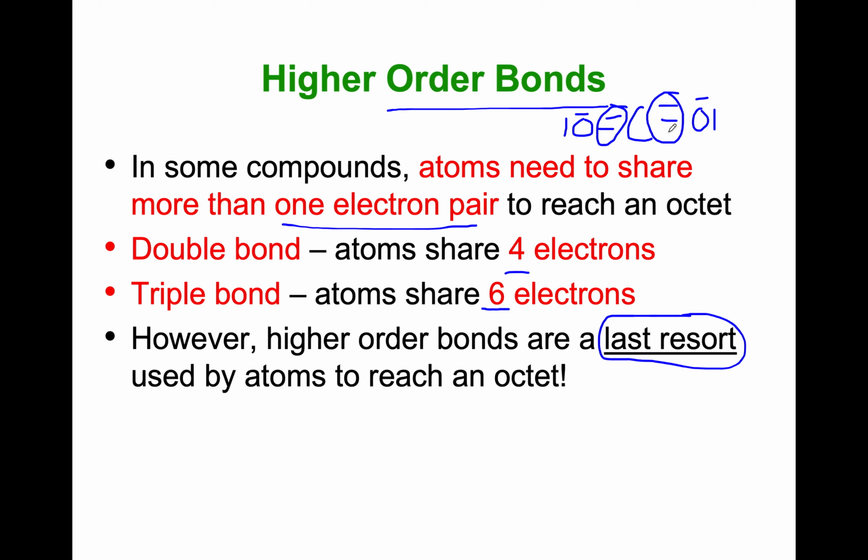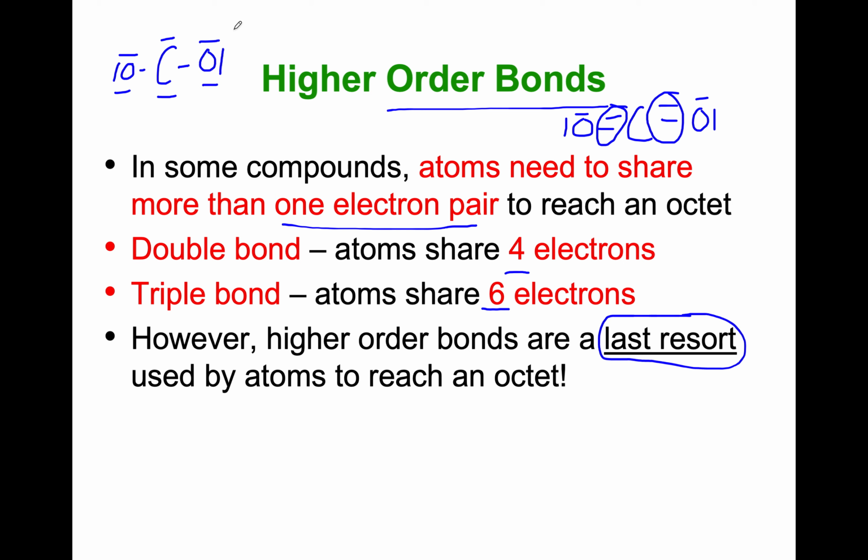You don't want to share if you can have your own stuff, right? Wouldn't that be nice? So what we're going to see though later is that we can't draw a molecule of carbon dioxide without sharing. Okay, so if we drew them all single bonds, there's too many electrons here.